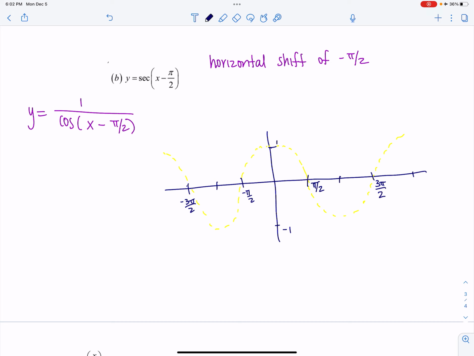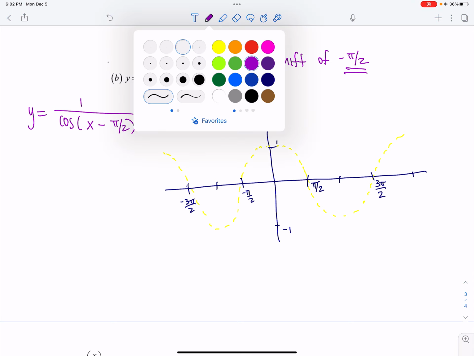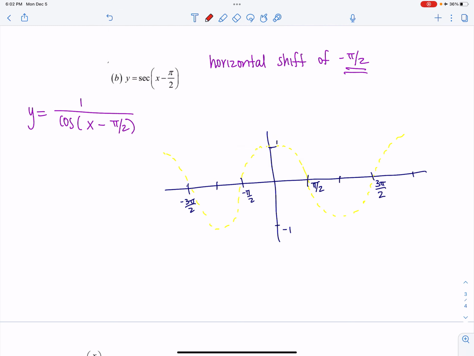And now that we are graphing 1 over cosine, we can put in our inverted cosines. But before I do that, I want to take into account that we have a horizontal shift of pi over 2. So instead of putting in the asymptotes where they normally would be, it's a shift of negative pi over 2, so it's going to have to go over.